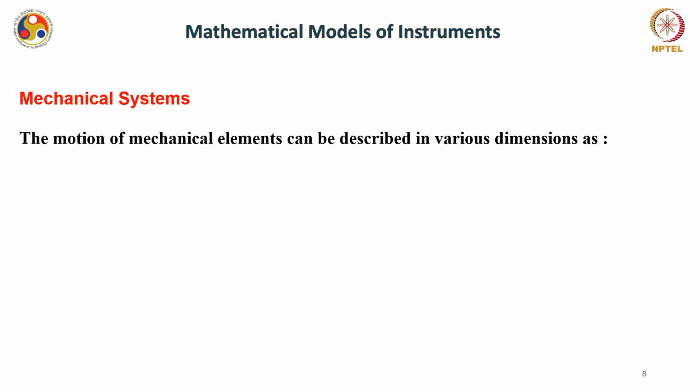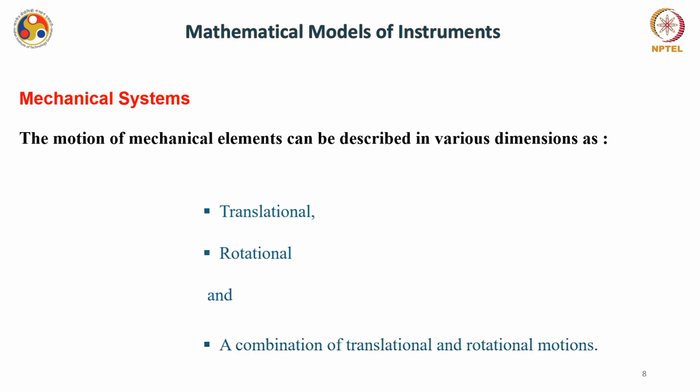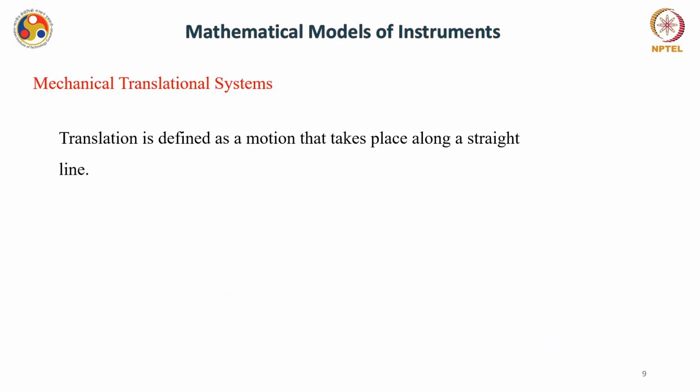Now similarly, if you have a mechanical system, okay, the motion of mechanical elements can be described in various dimensions. It can be described for translational motion, it can also be described for rotational motion, and a combination of translational and rotational motion is another way in which they can be described, okay. Now translation is defined as a motion that takes place along a straight line, okay.